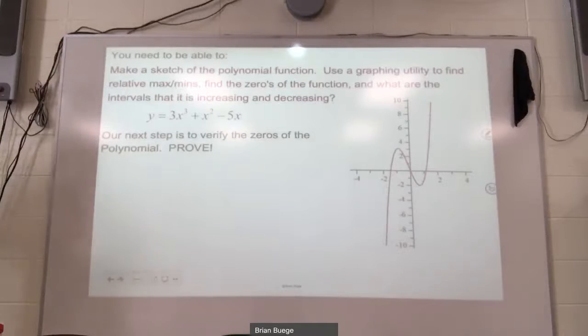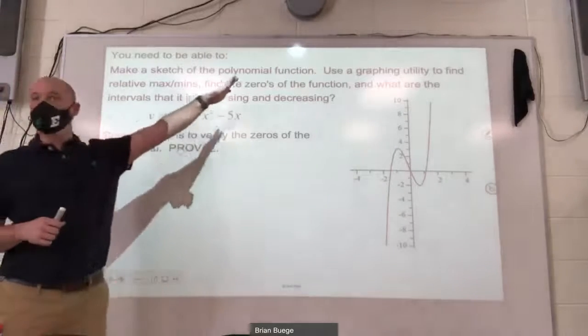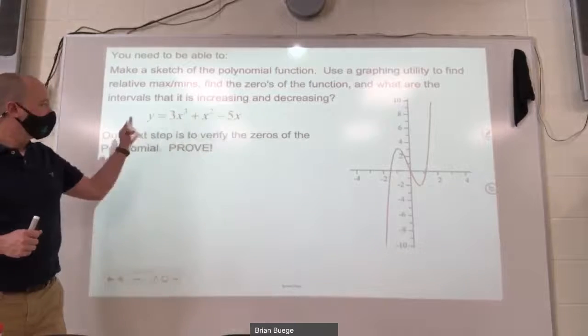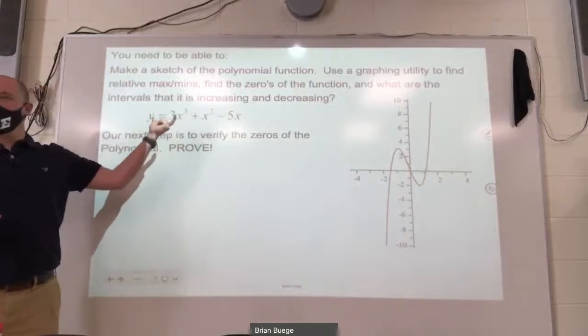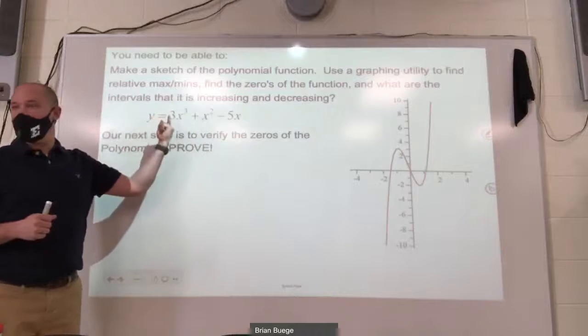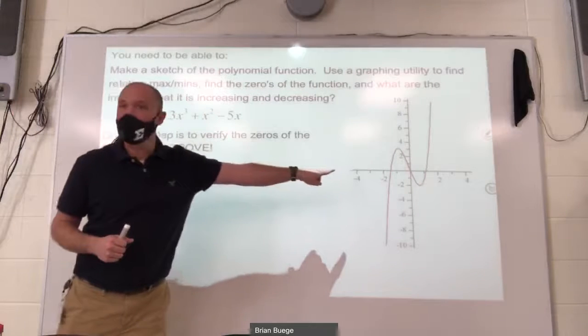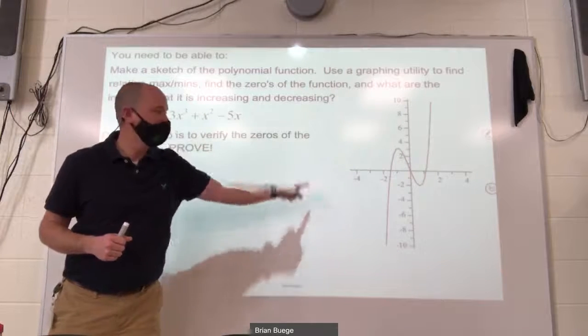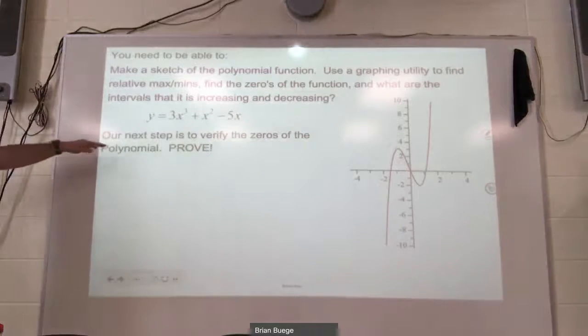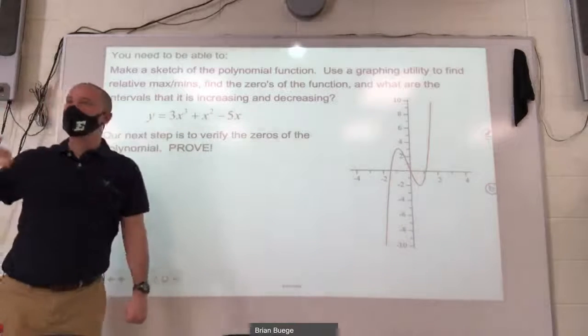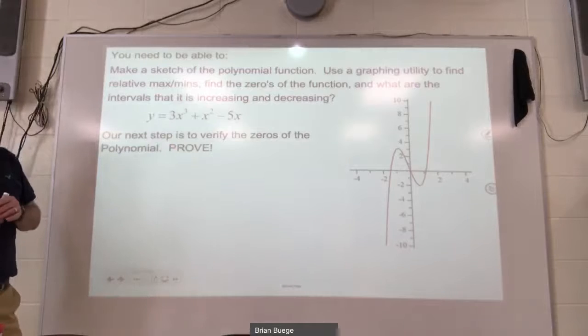So I kind of just talked about this, is you need to be able to make a sketch of a polynomial function, okay? So if I gave you this, I know you've got a cubic function with a positive a value. That is the graph right there. Okay? So there's your positive a value, looks like a cubic function. And then the next step is to kind of verify those zeros and make sure that we can find those.